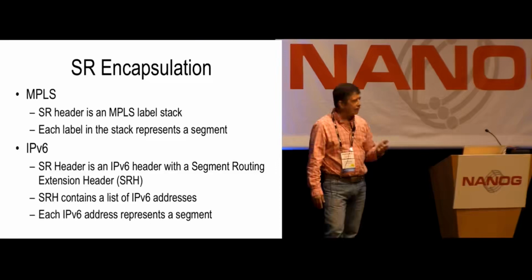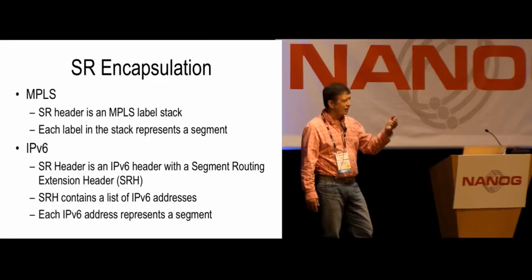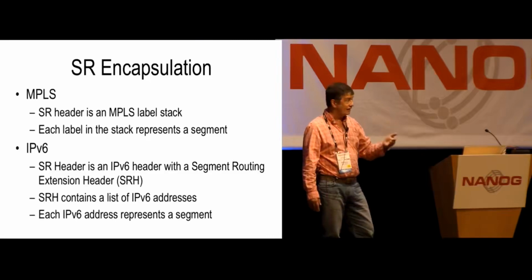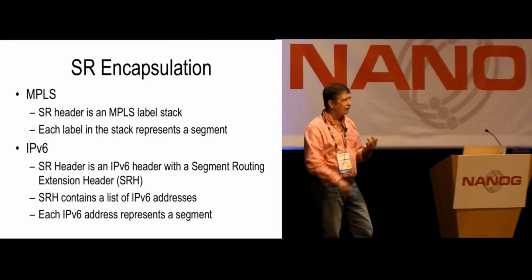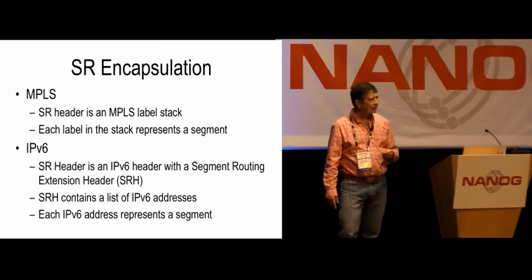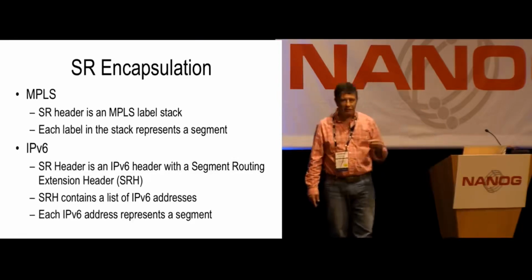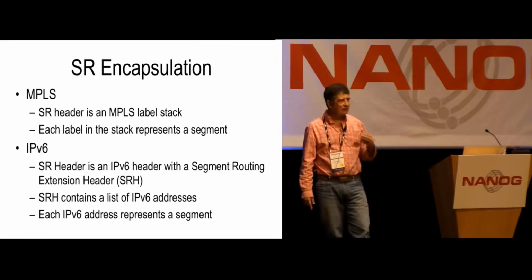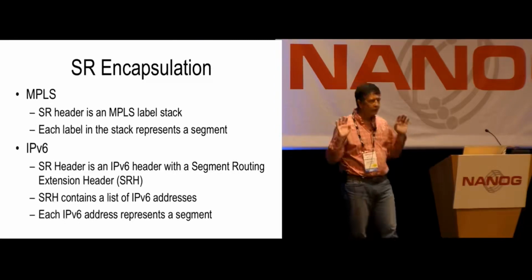Like any other routing extension header, it has a list of addresses in it, and those addresses are actually SIDs, segment identifiers. So just like IPv4 lists the IP addresses you need to visit, with SR in MPLS encapsulation, each label stack entry represents a segment identifier, and in IPv6 and the SRH, each entry represents a segment identifier. And if that didn't stick in your head, don't worry about it. We're going to give you examples.